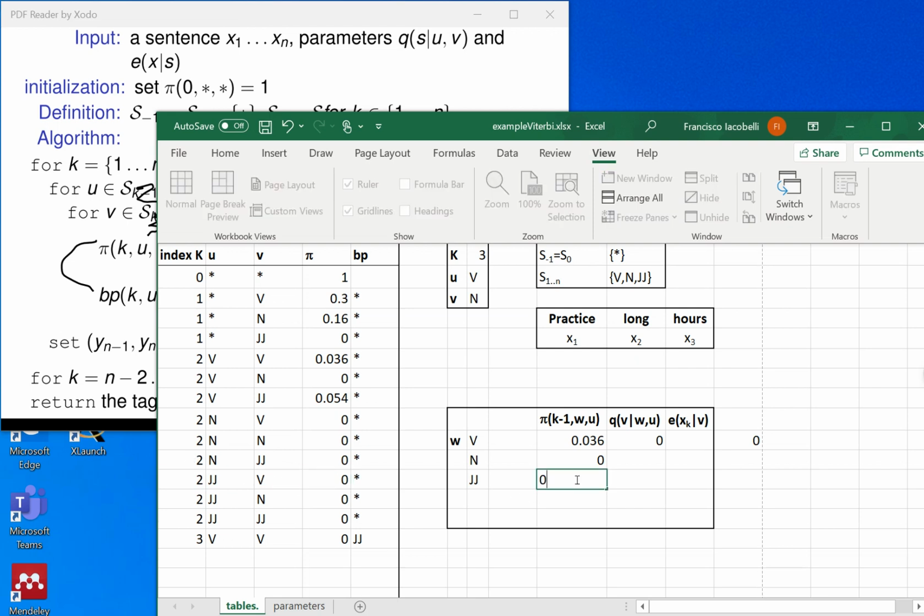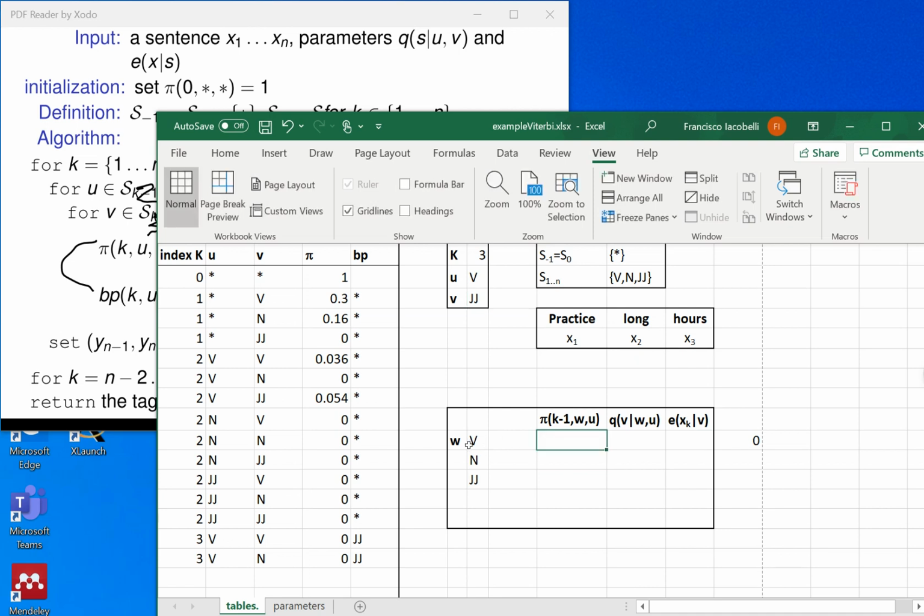So we put a 0 here. We do the same thing. So we now have that 3VN. The pi of that is 0, and the back pointer is also going to be just the last one, because none of these generated a bigger number than any other. So we now go and erase this. This now switches to JJ.